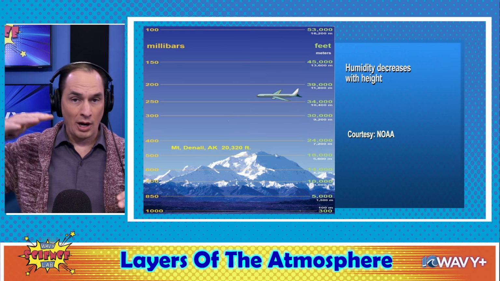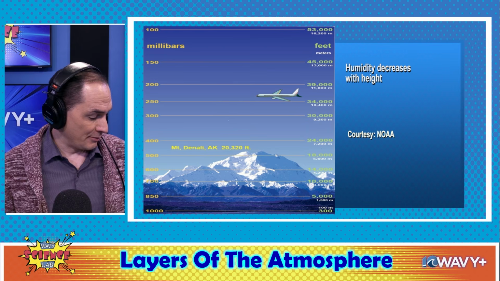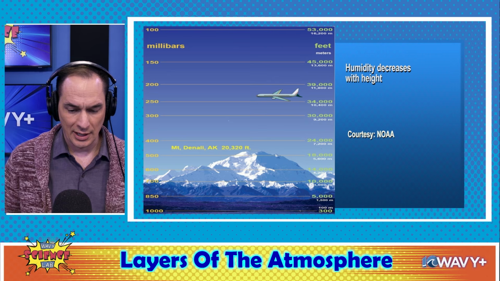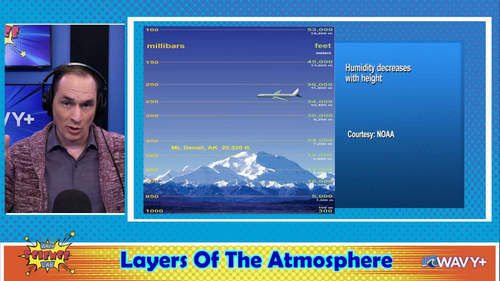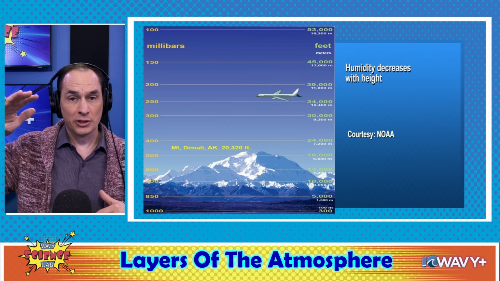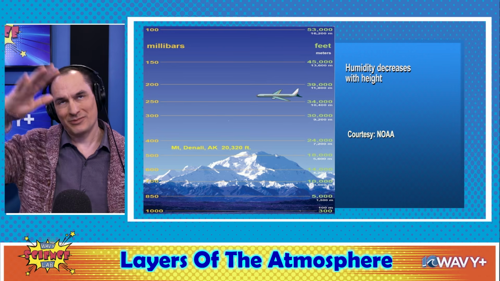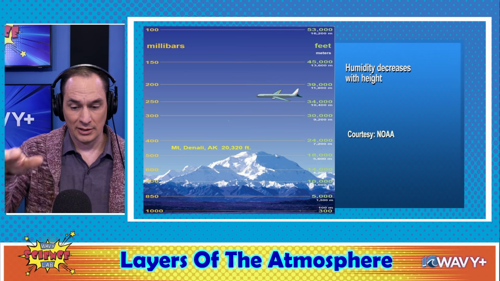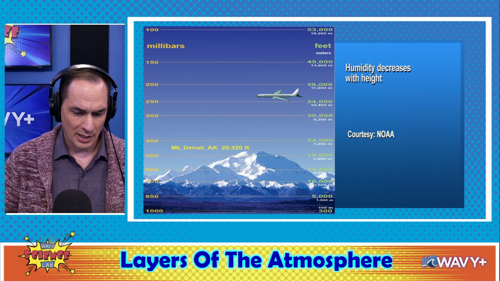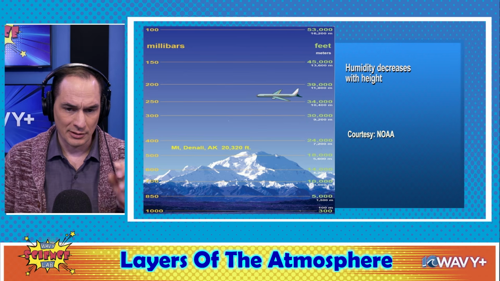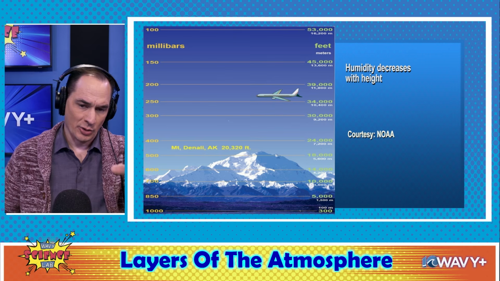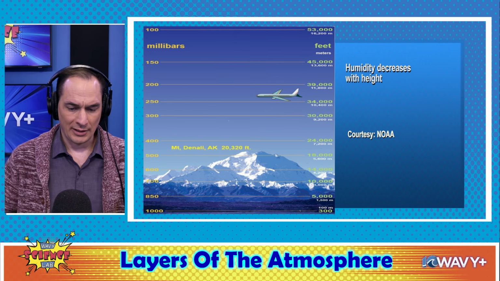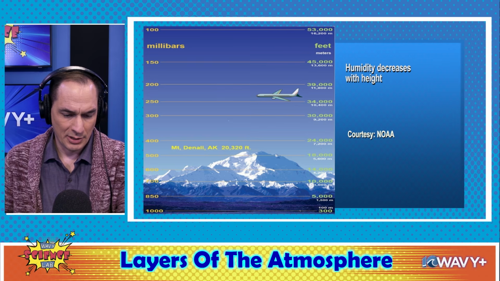So as you go up into the sky, you've got the different layers of the atmosphere, right? If you go up in the first layer, the pressure decreases. Really, as you keep going up, the pressure decreases in all of them, but it gets down pretty low even in this lowest layer. On the left-hand side there, you've got the millibars of pressure.